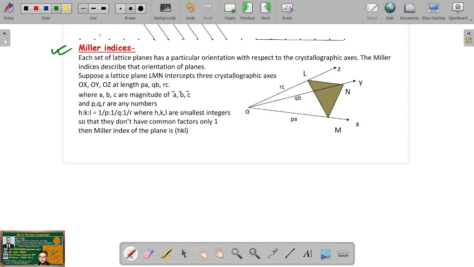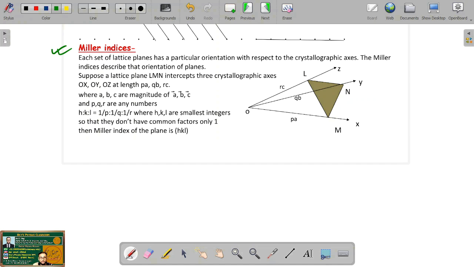So those sets of lattice planes have a particular orientation about those crystallographic axes. Now Miller indices describe a particular set of lattice planes. So what are Miller indices? Miller indices describe a set of particular planes which has a definite orientation with respect to the crystallographic axes, and those planes are denoted by the Miller index.